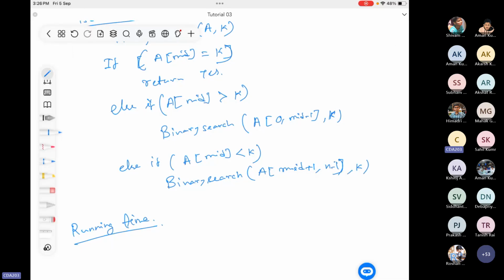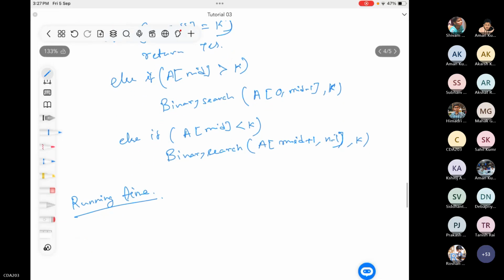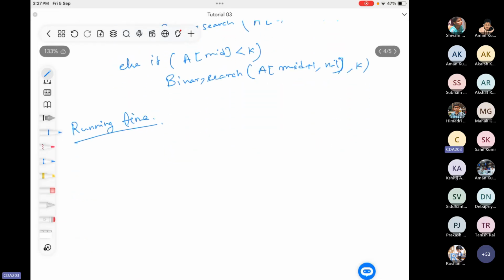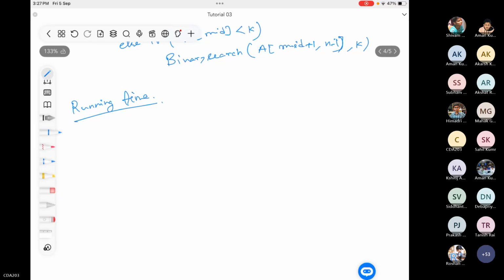We are considering only one half of the array after each recursion. So yes, log n. The recursion corresponding to this problem will be something like this.